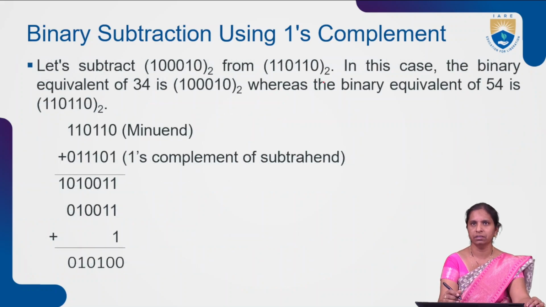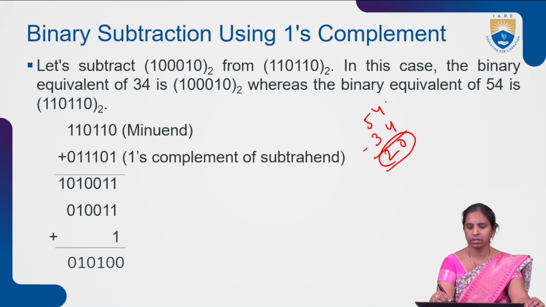Now, we'll take this by an example. We want to subtract the number 34 from the number 54. Then what is the answer you have to get here? 4 minus 4 equals 0, 5 minus 3 equals 2. So this you have to do in binary numbers.